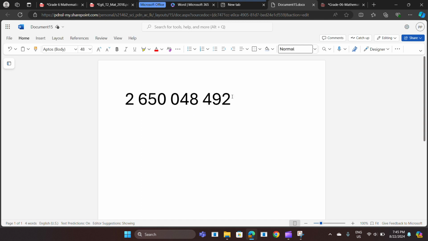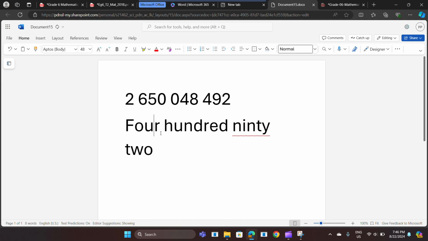How to read this out? We read this out as 492. Okay, but let's move to the next part.